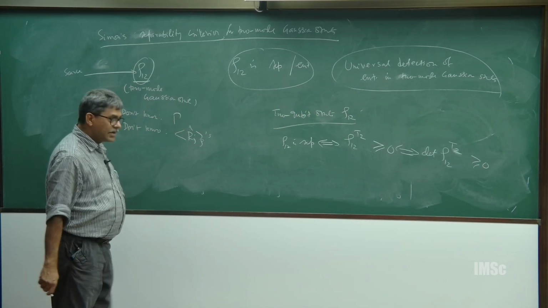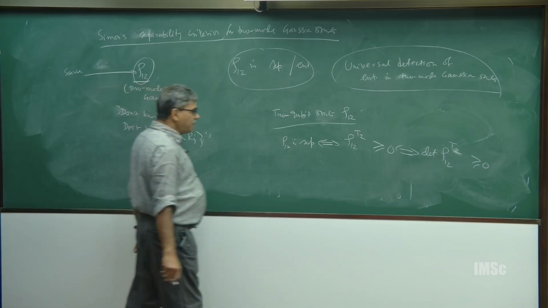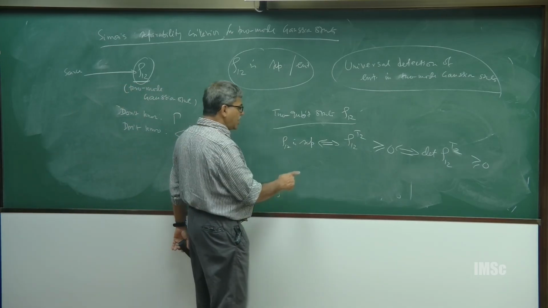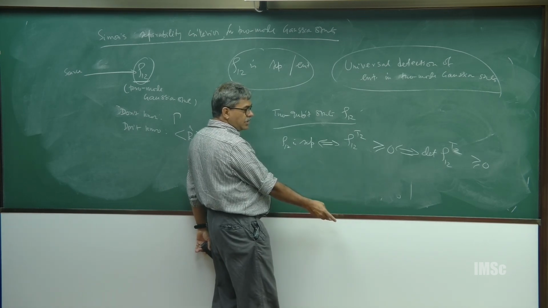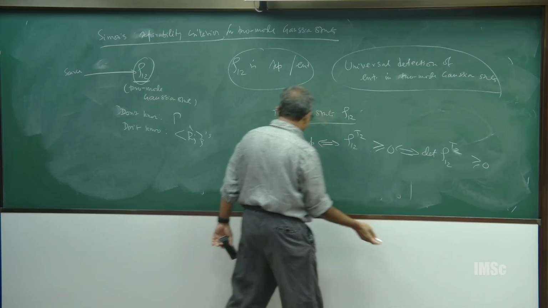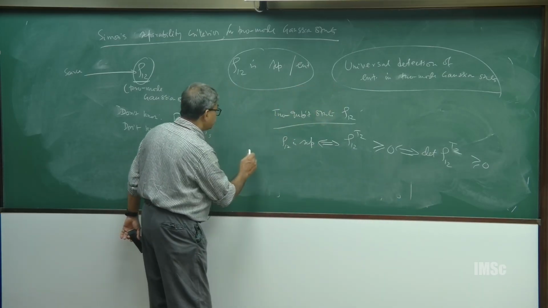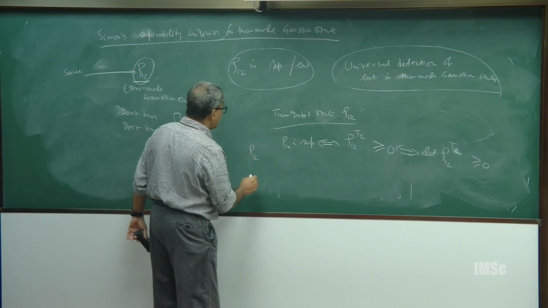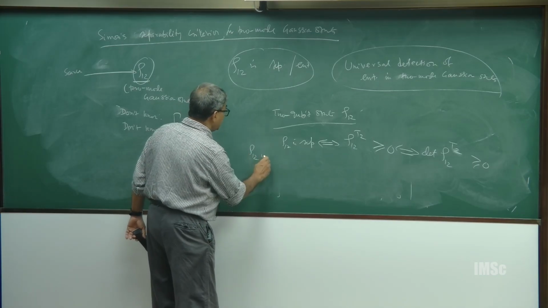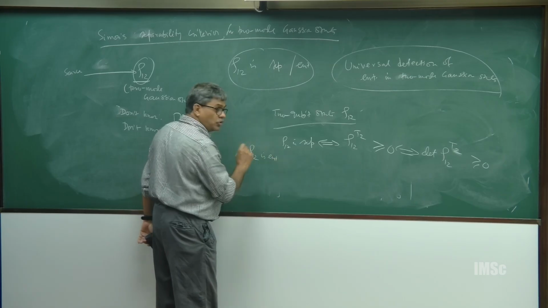So, it means that whenever rho 1 2 is entangled, then rho 1 2 partial transpose. So, basically it tells you that rho 1 2 is entangled. This is a 2 qubit state.